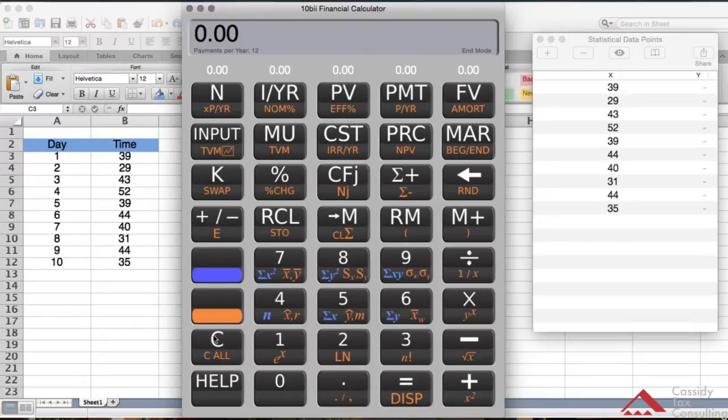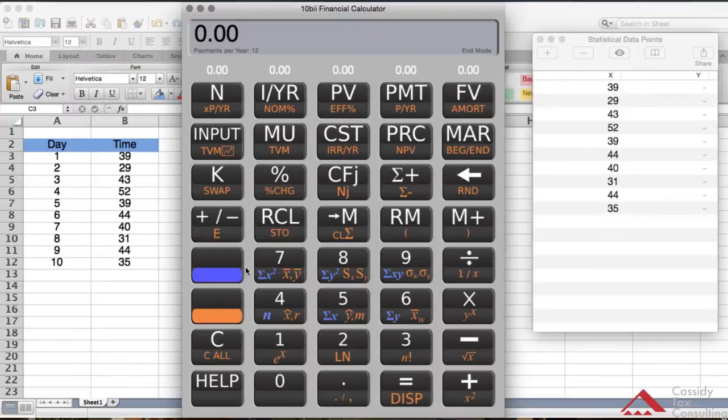Where I left off, we did the mean. You can't calculate variance without the mean. Now that we have the mean, there's a quick way of doing it using your calculator. You already have your data points.